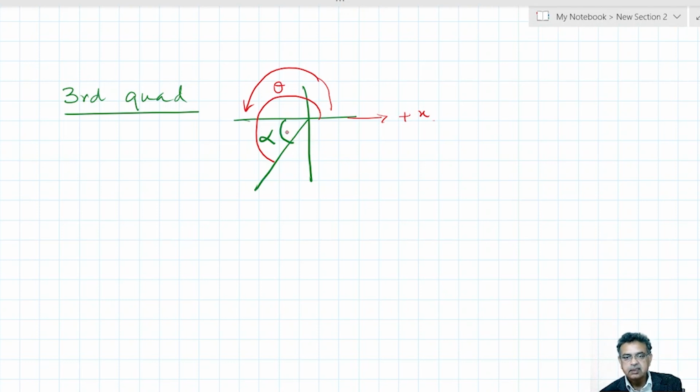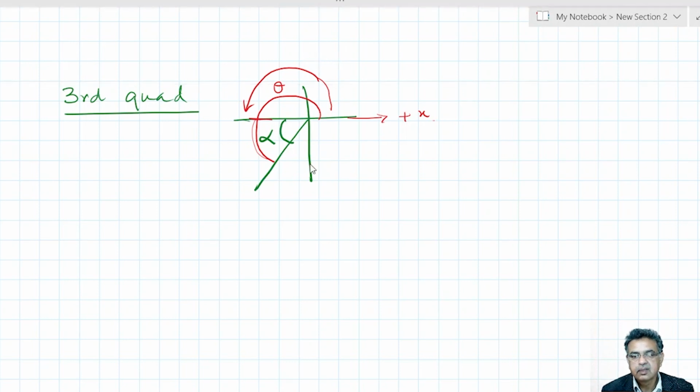Alpha is with the nearest x-axis, an acute angle, and theta starts from the positive x-axis anti-clockwise till the line that is drawn. So in the third quadrant, this angle is 180 plus alpha, which is equal to theta.